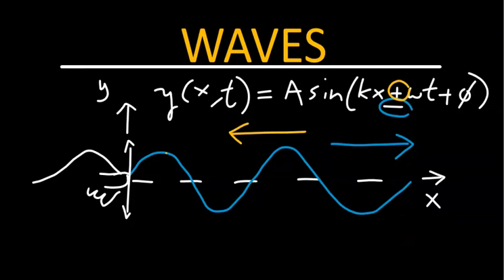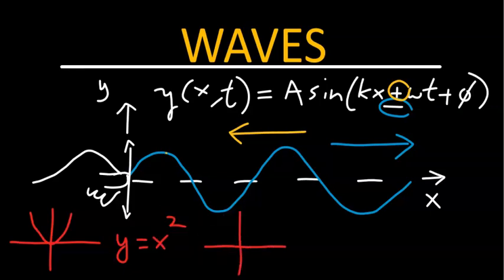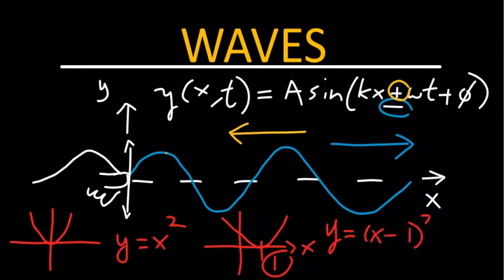To better understand this, let's look at the following simple example. If you have a graph, let's say y equals x squared, and if you have a second graph that looks like this, it's as if this graph has traveled, let's say on the x-axis, 1 unit to the right. What is the equation of the second graph? The equation is y equals (x minus 1) squared.